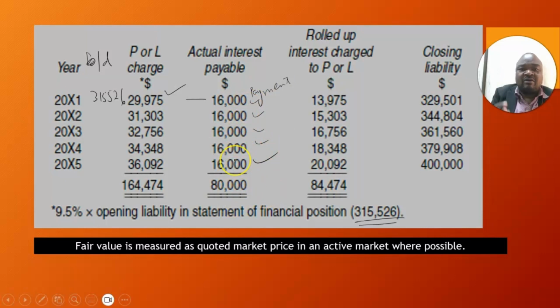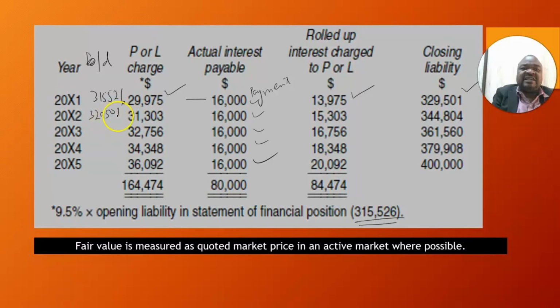This is a constant figure, right? So it reduces the finance cost from 29 to that amount. All right. So this simply means that the closing liability is going to be 329,501, and that becomes the opening balance.